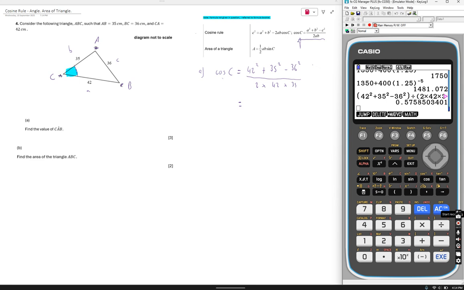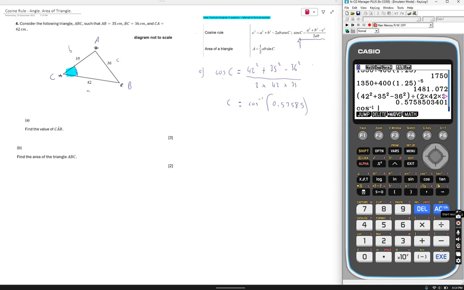So if I wanted to get C by itself, then I need to take the inverse cos of that entire top bracket, which we just worked out was 0.5758. When you're working this out, make sure you don't round it. Now I'm going to go back to my calculator, shift, and then press the cos button.